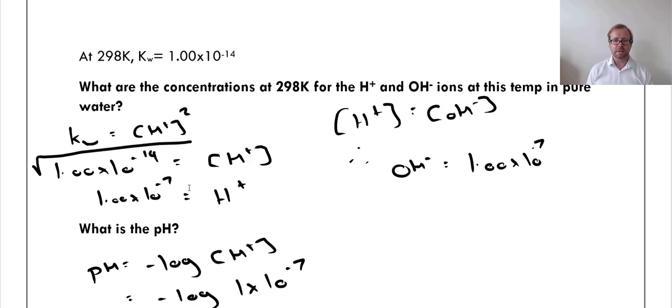Okay, so this is where my neutrality of water comes from at 298 Kelvin, and this is where we can derive the ionic product of water. Again, you won't be asked to calculate that, however, it's good to know. So we will move on.